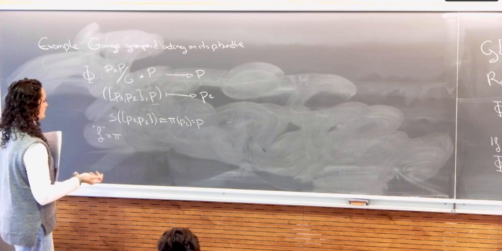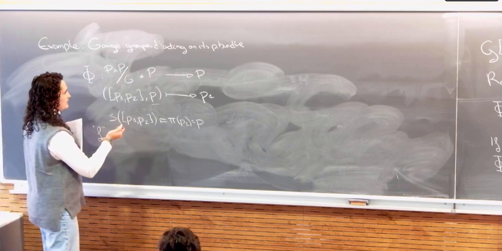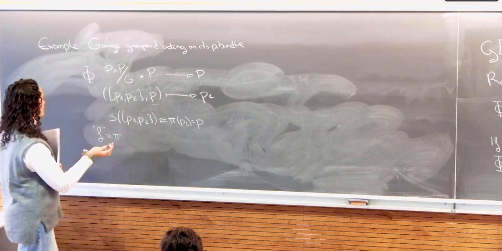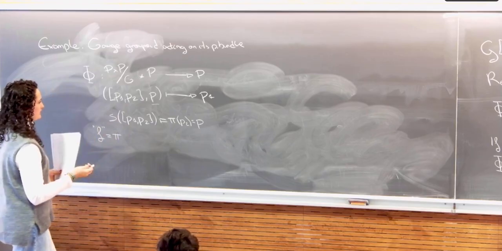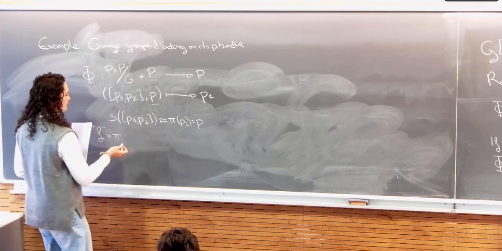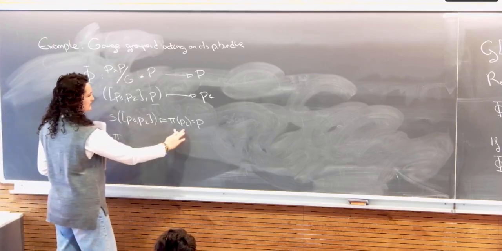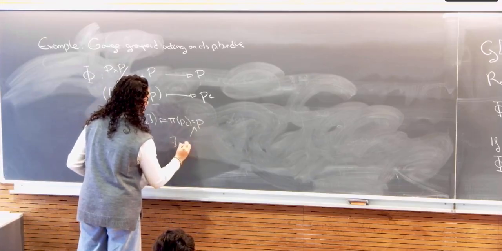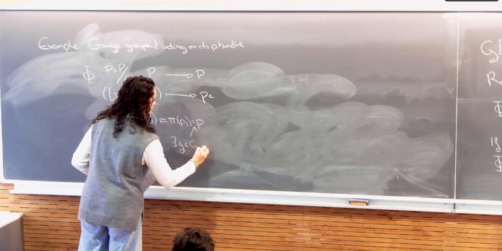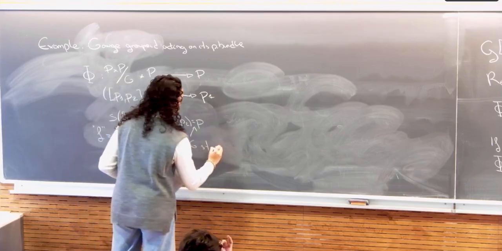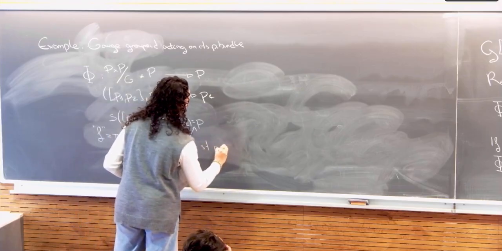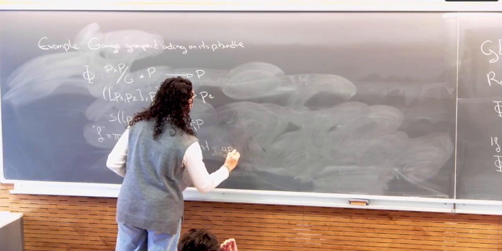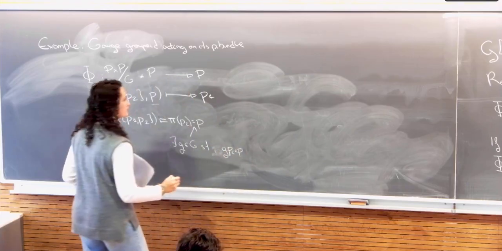This is like considering the group action of the principal bundle, but in a little more tricky way, because this means that there exists G in the group such that this happens.